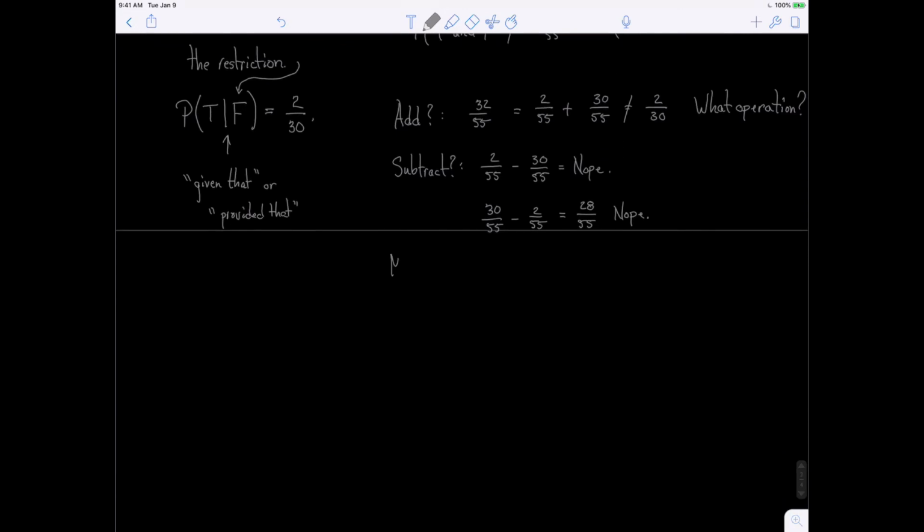All right, let's try another one. How about if we multiply? If I take 30 out of 55 and multiply it by 2 out of 55, there are probably some reductions. I could make 30 out of 55 into 6 over 11.